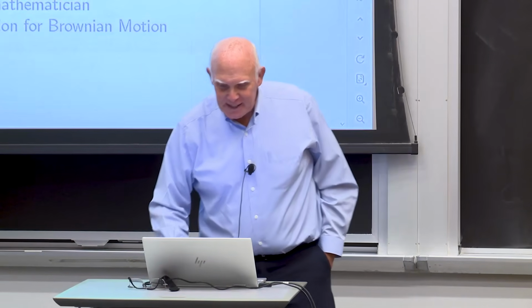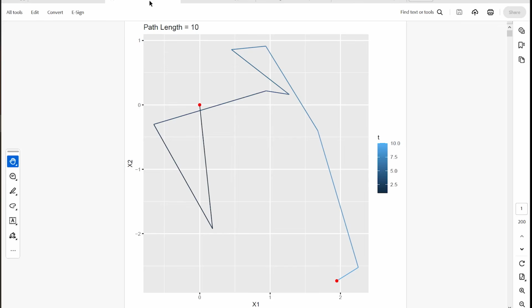Now, let's take a look at a simulation of Brownian motion in 2 dimensions. So this is the kind of dynamics that Brown was observing. In these slides, we're going to start the process at the origin of the space, where the red dot is, and then move around in 2 dimensions, where each step is a random move in the x direction and a random move in the y direction.